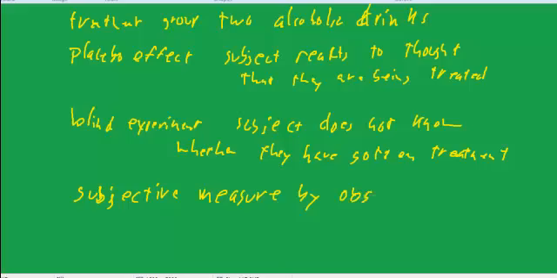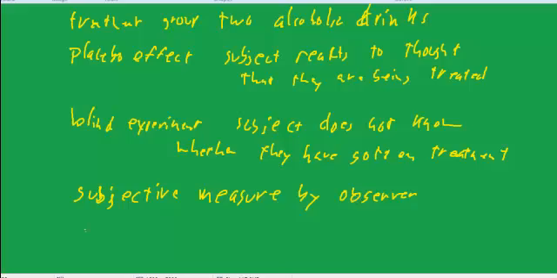So we're going to have an outside observer who's going to say whether people told more jokes or not. If the observer knows which group had the alcoholic drinks and which one didn't, and expects the alcoholic drinkers to tell more jokes, then the observer may give a biased report.